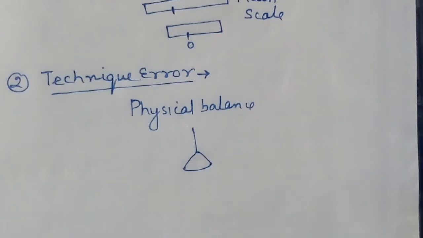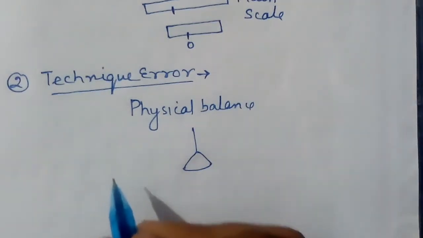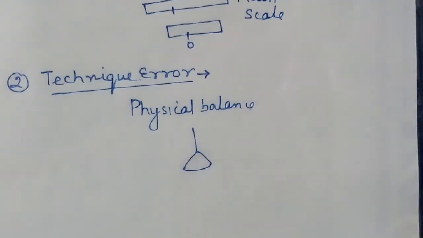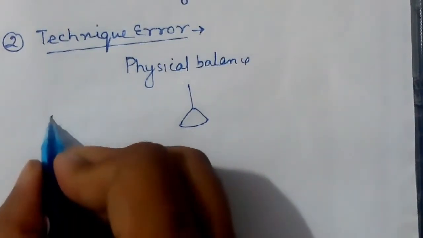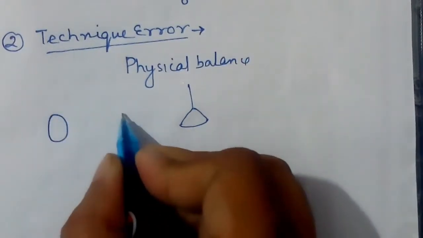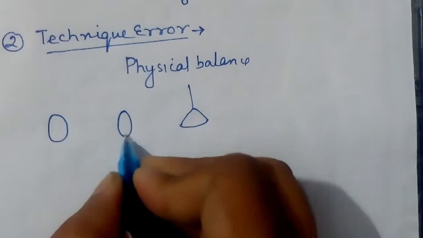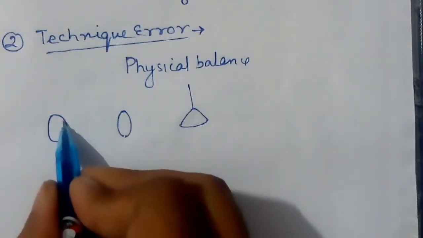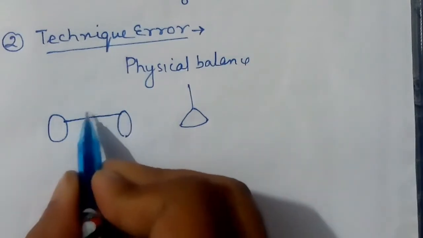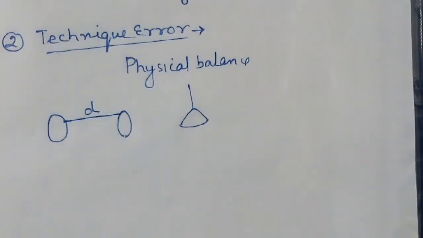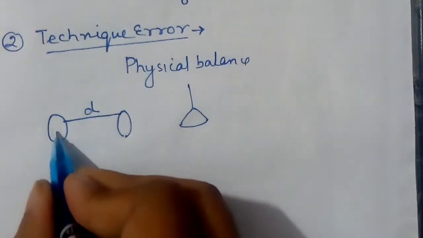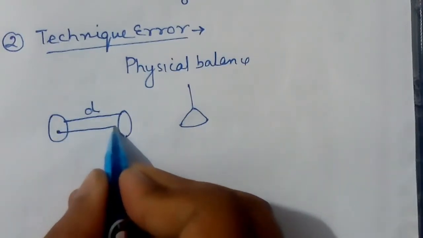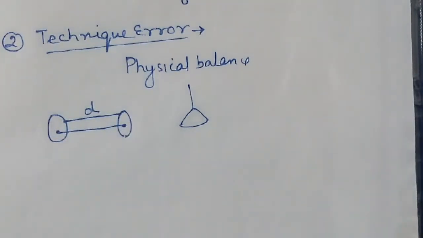Now one more point is there. Now suppose in doing an optics experiment, we have lenses. This one is one lens and this one is the second lens. So while performing the experiment, we measure the distance, this one. But in actual theory, the distance should be measured from the center of the lens.